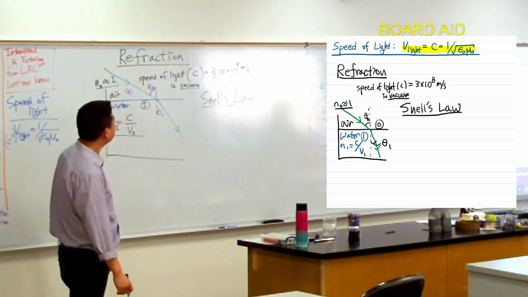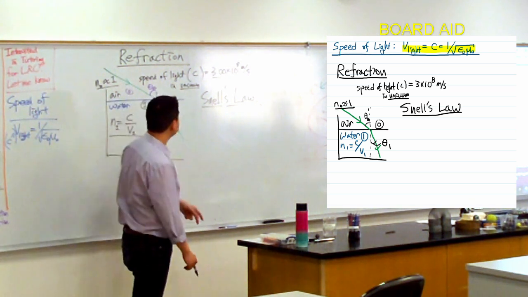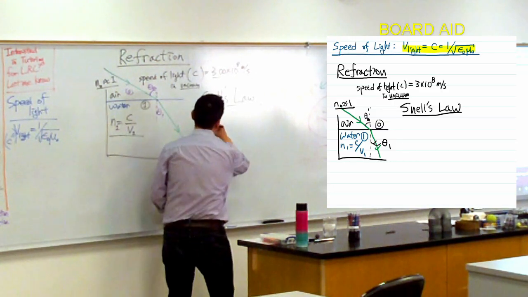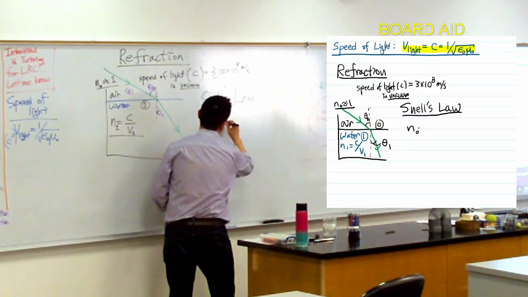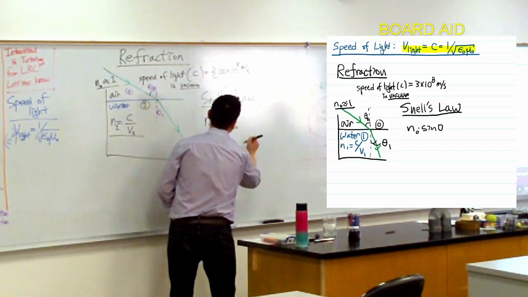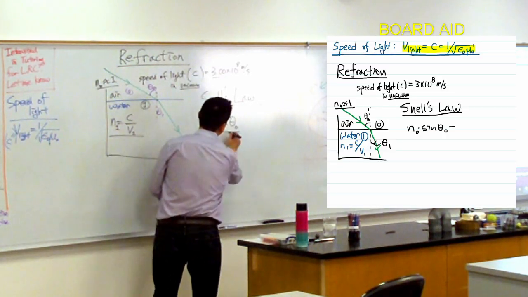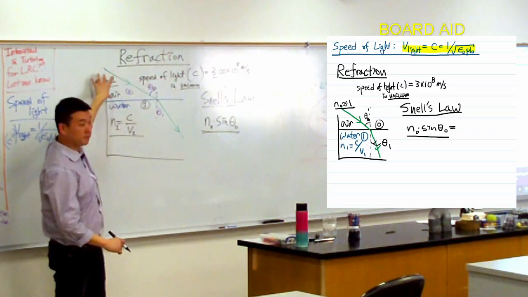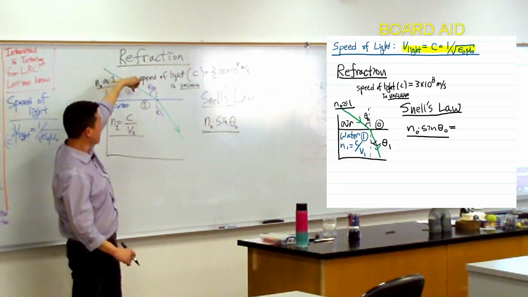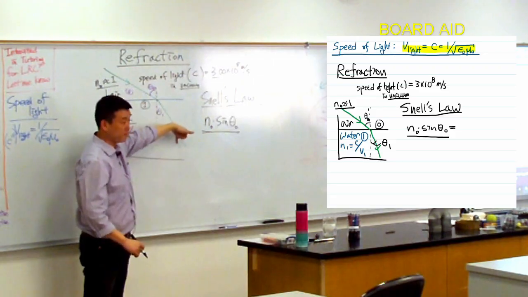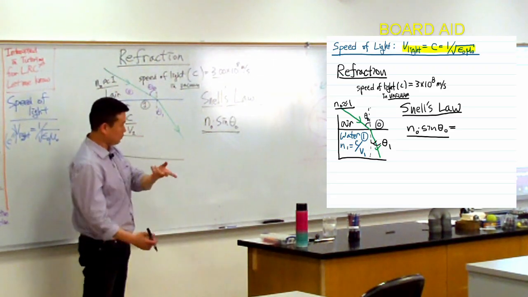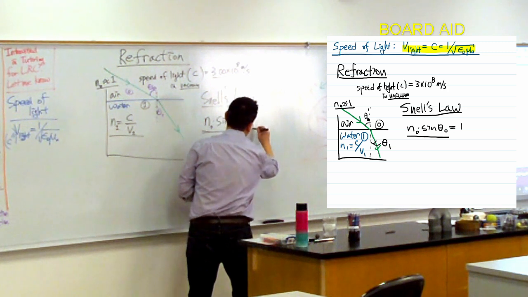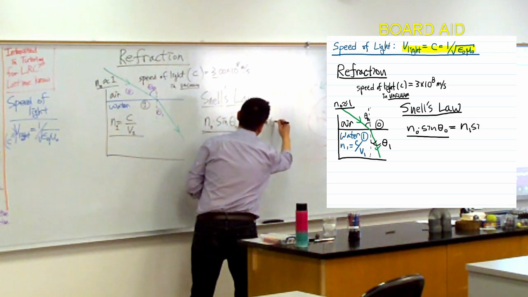So Snell's law says that this combination of quantities is constant: index of refraction times sine of theta naught, a combination that only involves quantities in one medium, is constant as light goes through a boundary. The way it's usually given, this is equal to n1 times sine of theta 1.